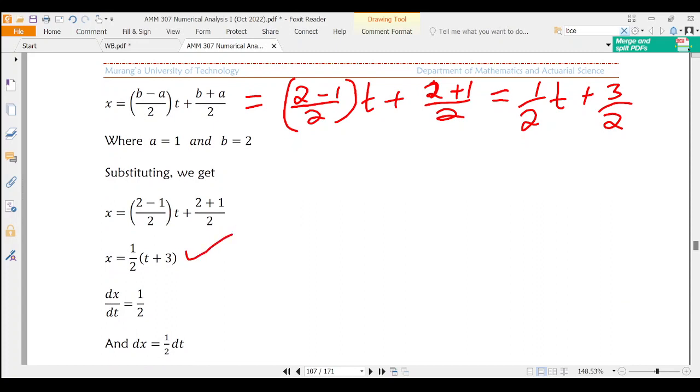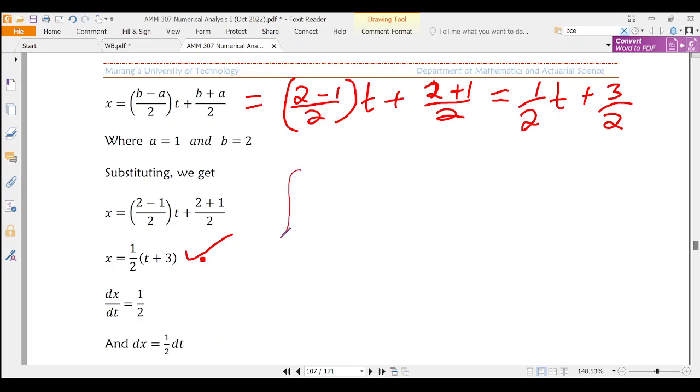Then we now differentiate this. If we differentiate x with respect to t, we get a half. And so dx can be expressed as a half times dt.